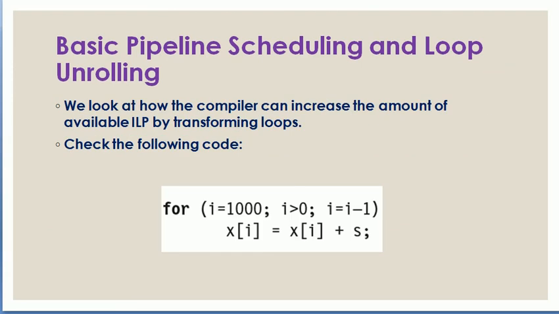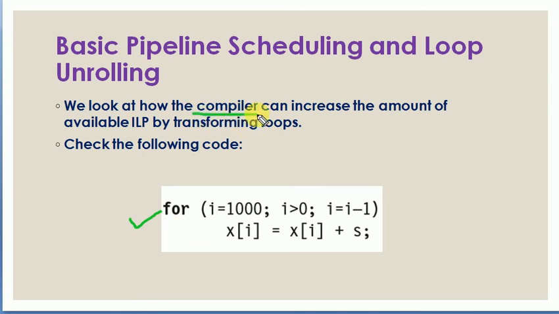Now, for more explanation on pipeline scheduling and loop unrolling, we will first look at a simple piece of code, and using this code we will try to explain how instruction level parallelism can be exploited using compiler techniques.